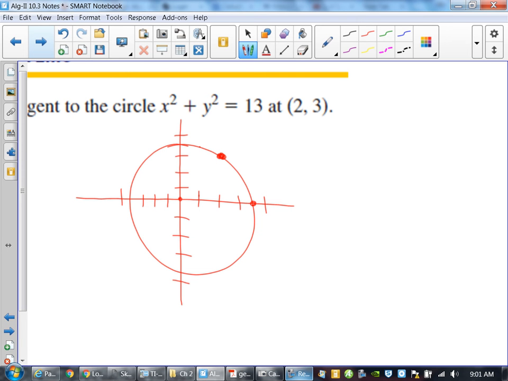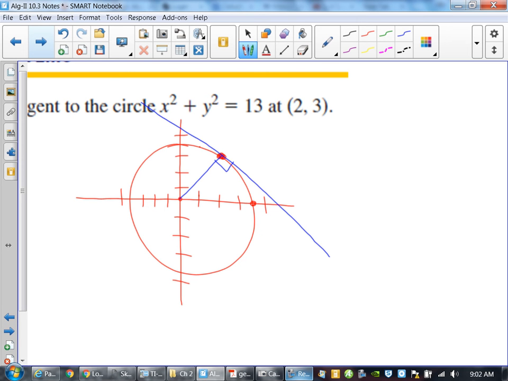Now, if it is tangent, it means it's going to be perpendicular to the radius, and it comes across that and we get a right angle. That's what it's going to look like. Remember in circles last year in geometry, we talked about the point of tangency, where it touches the circle at one spot, and it is perpendicular to the radius.